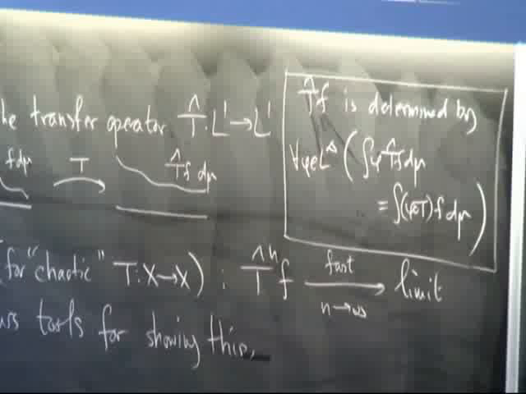The multiplicity is the dimension of the collection of vectors which satisfy this. In particular, if the multiplicity is equal to 1, we will say that the eigenvalue is simple. So simple means multiplicity 1.